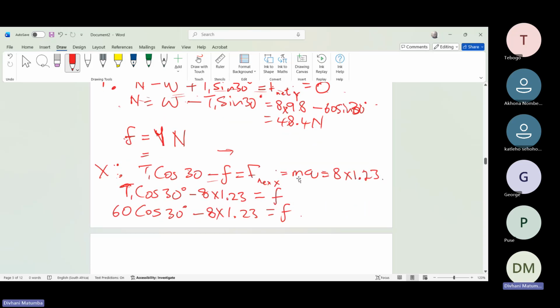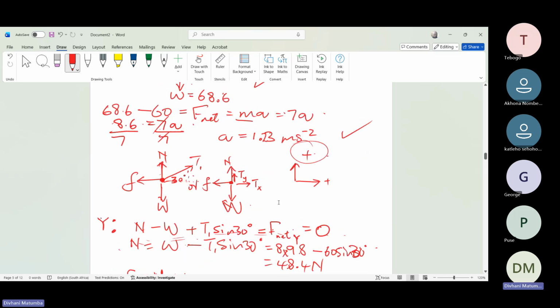So what are we getting? 60 cos of 30 minus 8 times 1.23, we are getting 42.12 newtons.